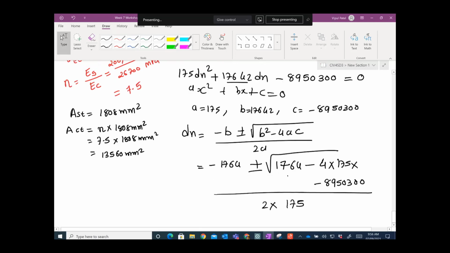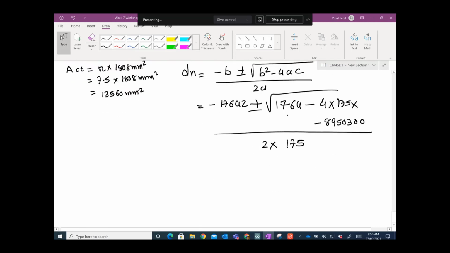So I just plug the values that you see on the screen. And then if you simplify that further, you will get something like minus 17642 plus or minus 95.31 over 350.